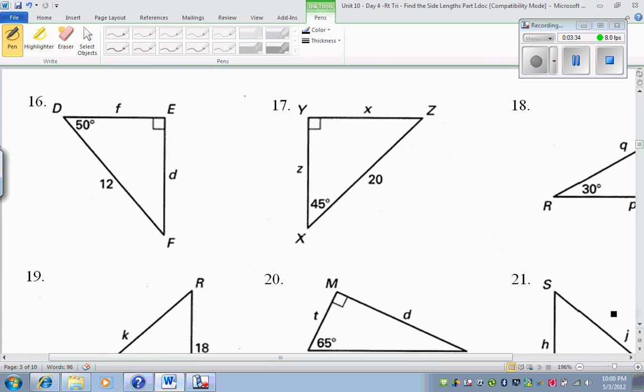The next problem you had to do was number 16. So we'll put the angle here. This is the hypotenuse, this would be opposite of that, and this would be the adjacent of that. If I want to find D, that's sine because it's opposite and hypotenuse, remember? Some old horse.